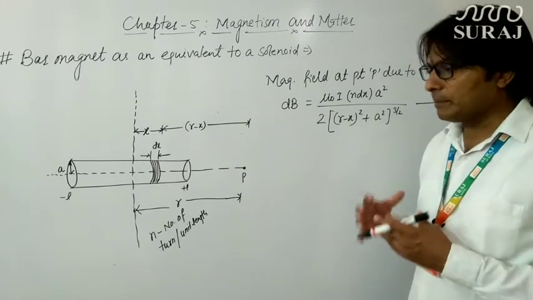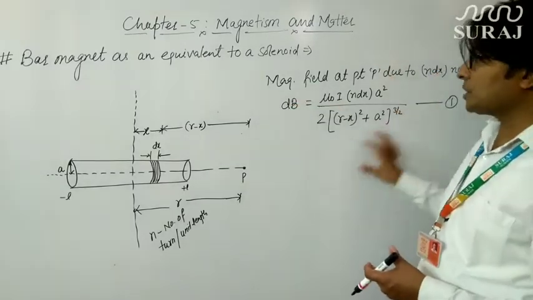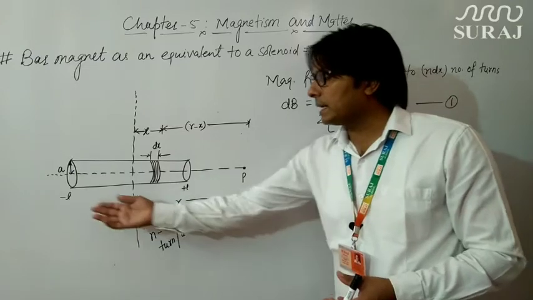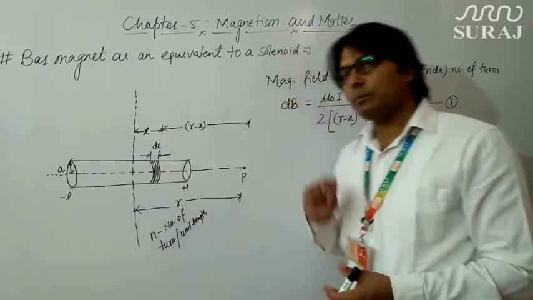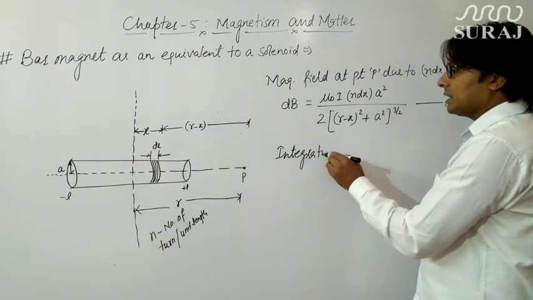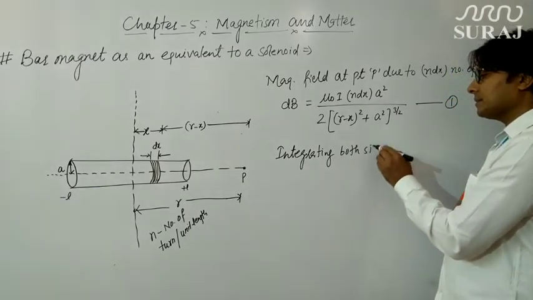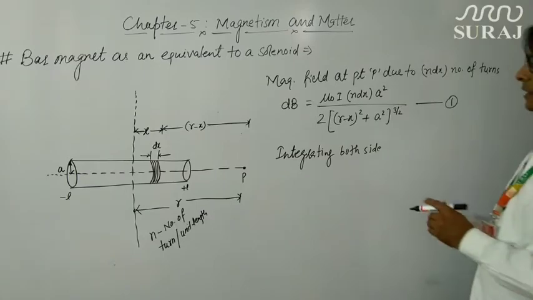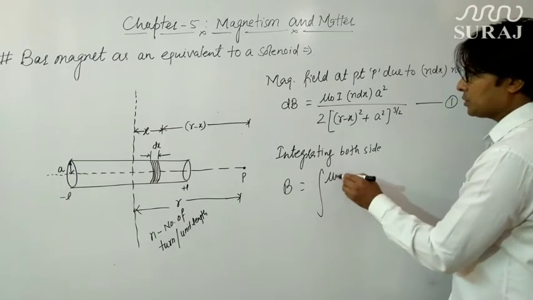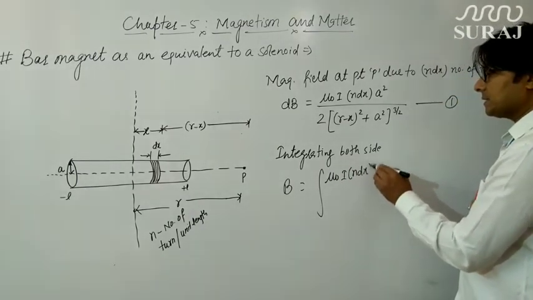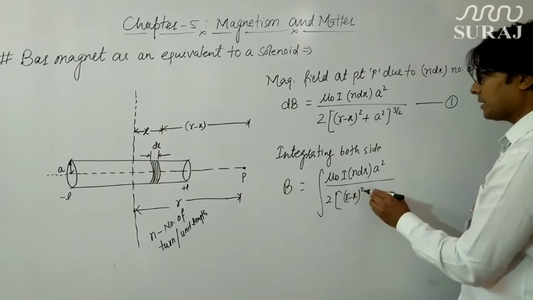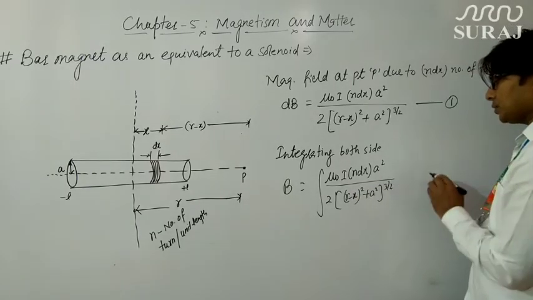We will simply integrate this expression over the entire length of this solenoid, that is from minus L to plus L. So now integrating both sides, for the net magnetic field B, the integration of dB will be B, and the integration of the right side will be mu 0 I n dx a square divided by 2 into r minus x whole square plus a square raised to the power 3 by 2.